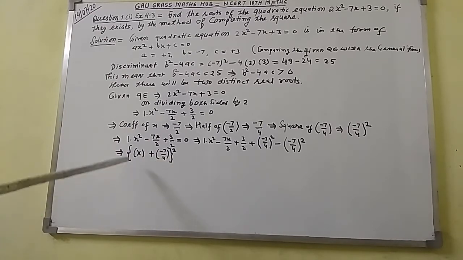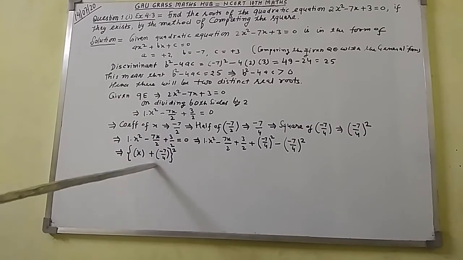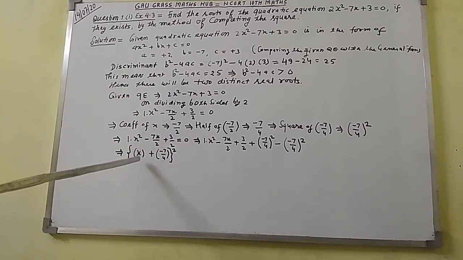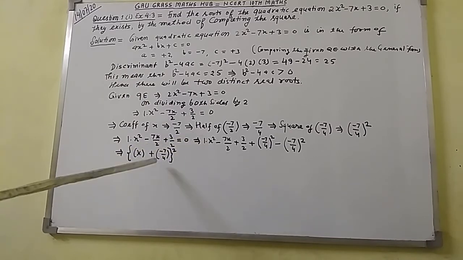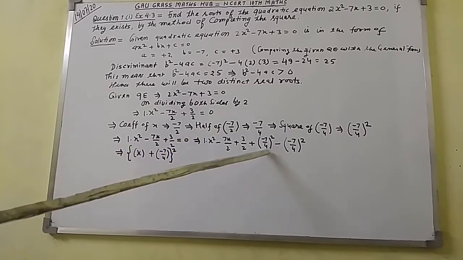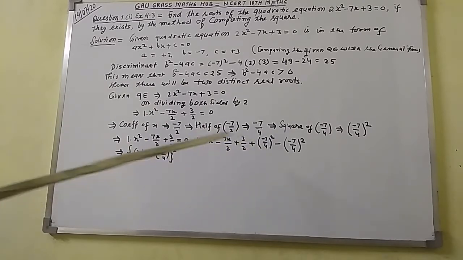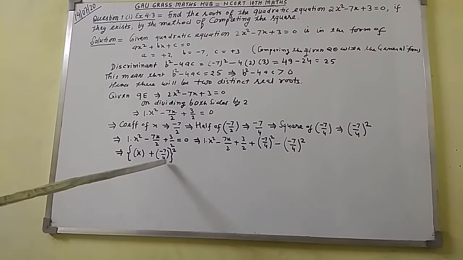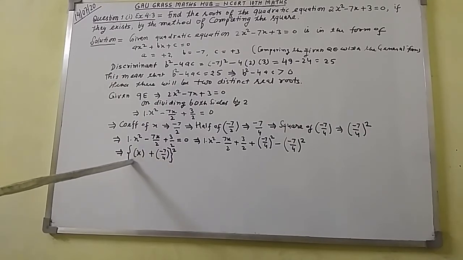If you expand a plus b whole square, you will get the squaring of the first term, that is x square. Squaring of the second term, you will get this one, and plus multiplication of both terms, multiplied by 2, twice.